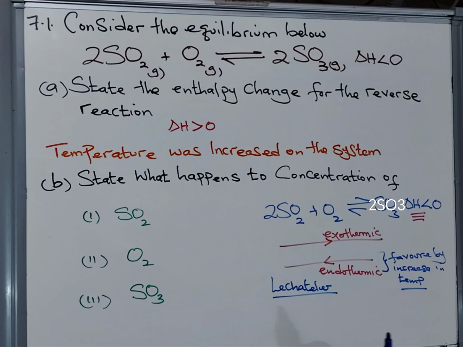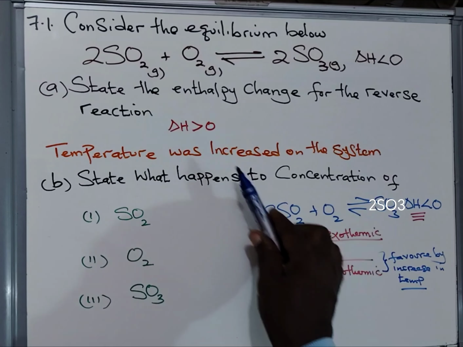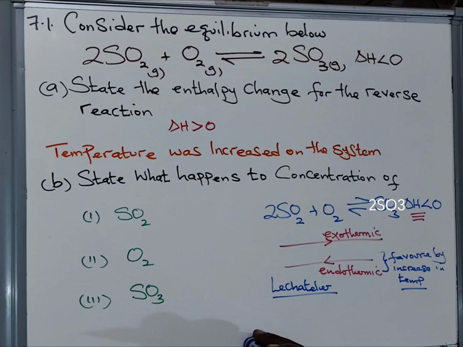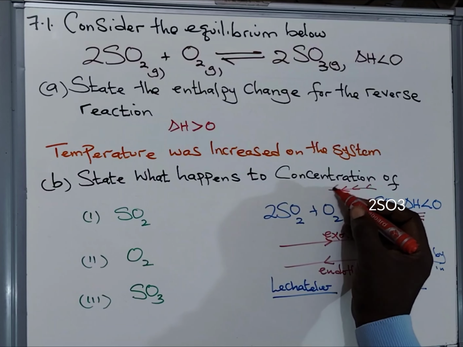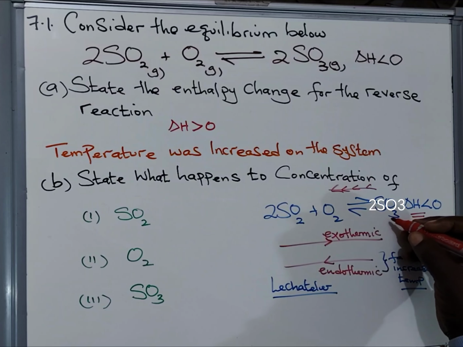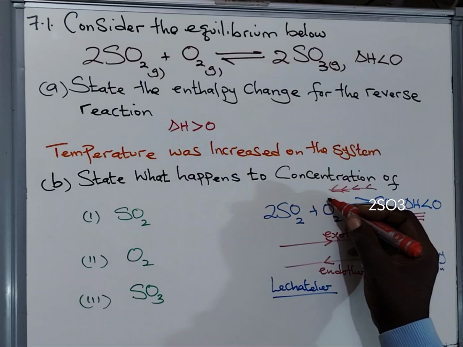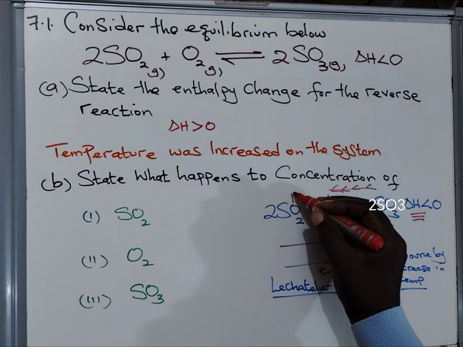Okay, back to the question. We're increasing temperature, and which direction is favored? Endothermic. Why? Because it absorbs heat. Then what do we see? Endothermic is reverse. So reverse means that this one is going to decompose to give you this and to give you this.